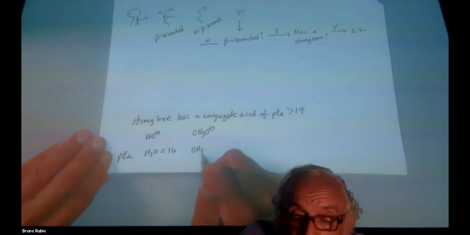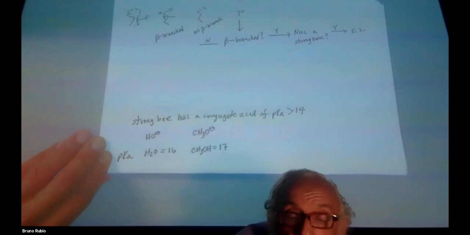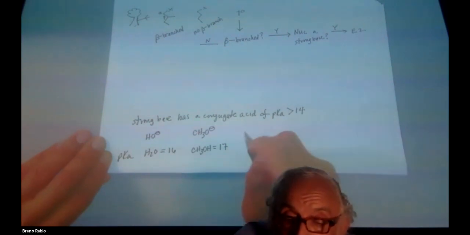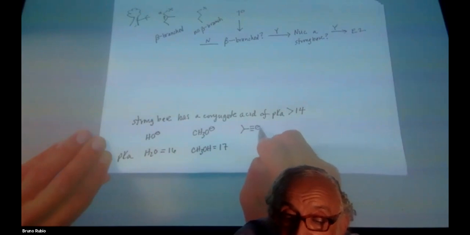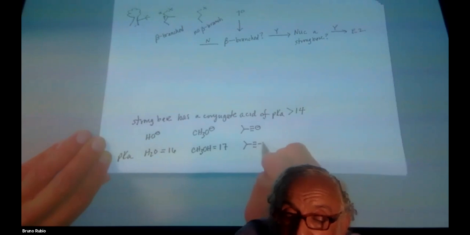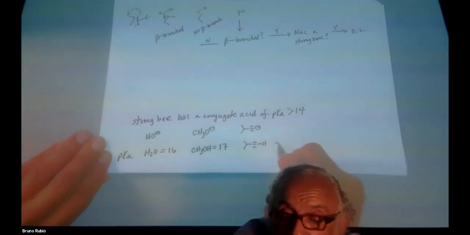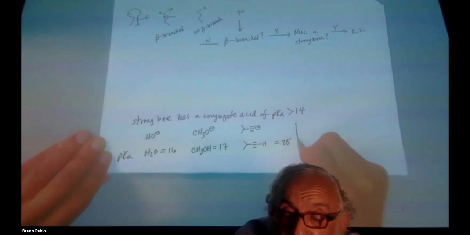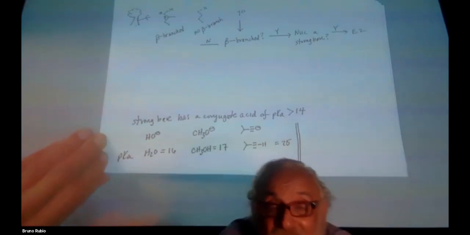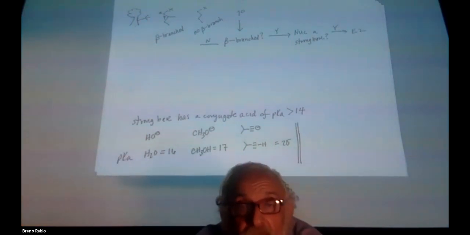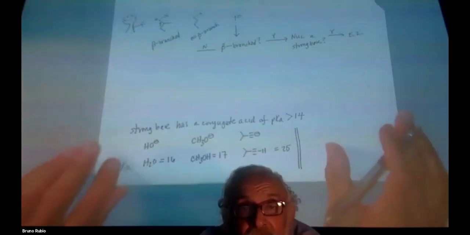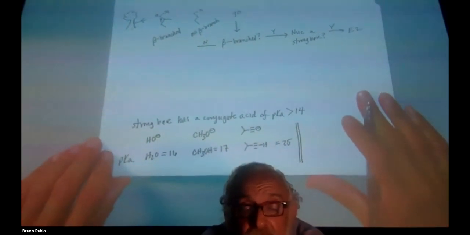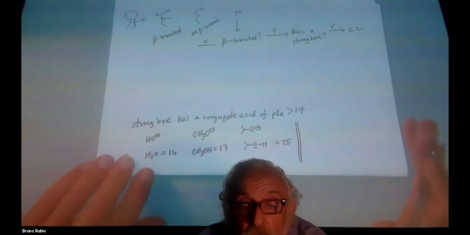It is, because the pKa of its conjugate acid, methanol, is 17. The alkynyl anion, is that a strong base? It is, because the pKa of its conjugate acid is 25. So all of these are strong bases. And how can you identify a strong base? The pKa of its conjugate acid is greater than about 14.